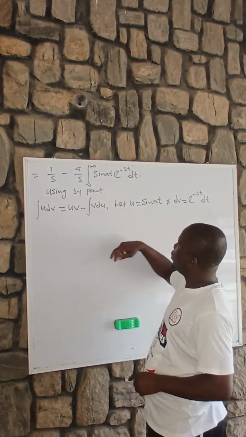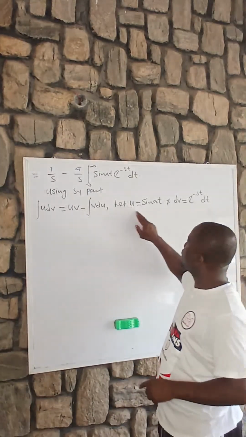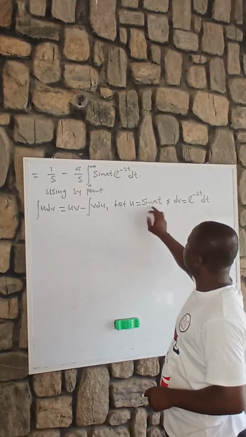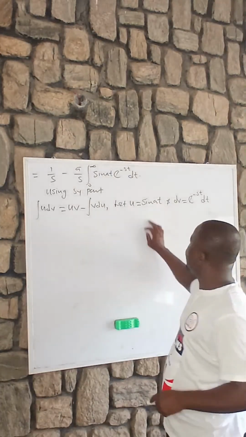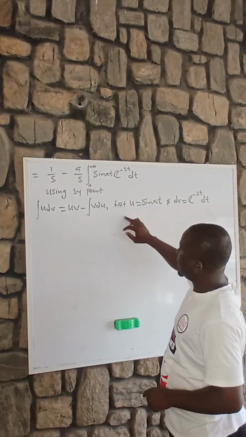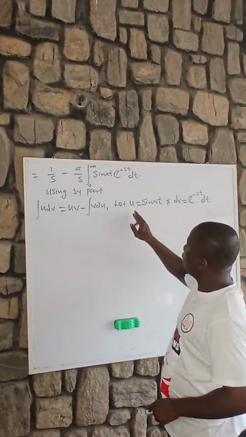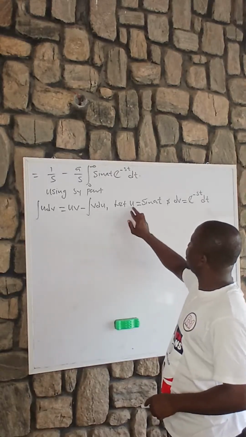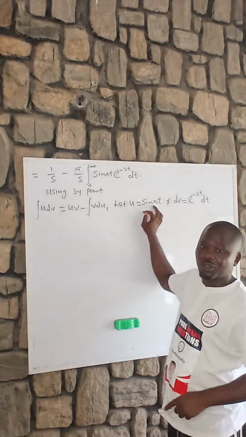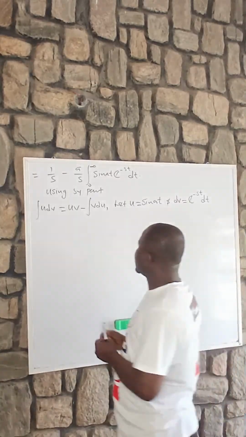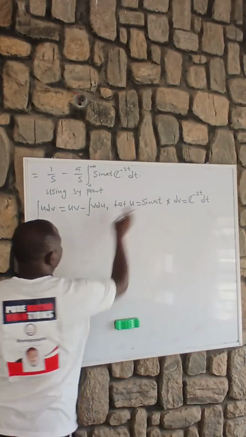So now we have our u as sine at and our dv. How can we obtain our du? By differentiating with respect to t.